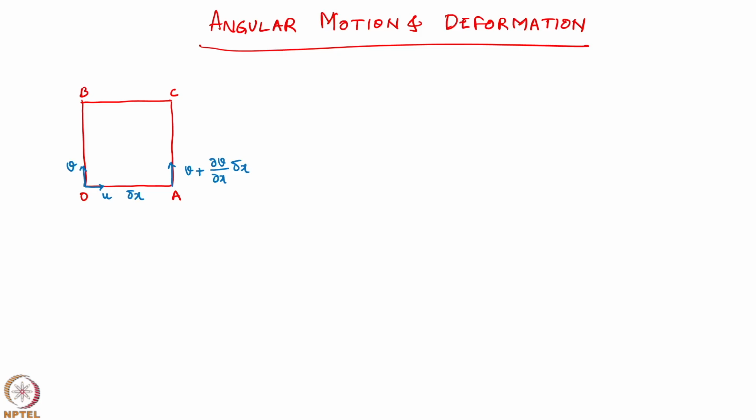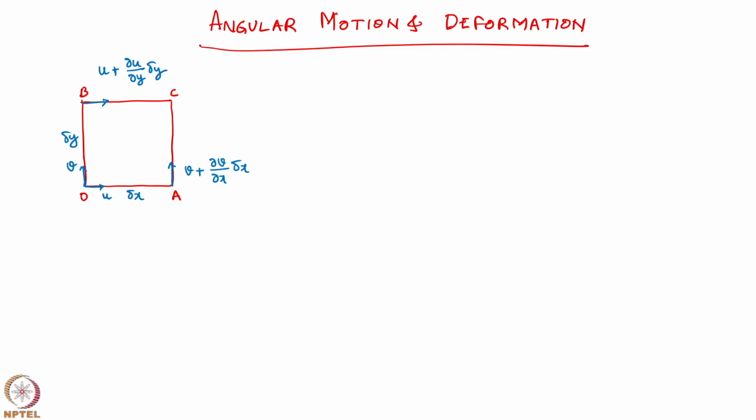Now let us take up the variation in U over the length delta y. That will be U plus del U by del y into delta y.